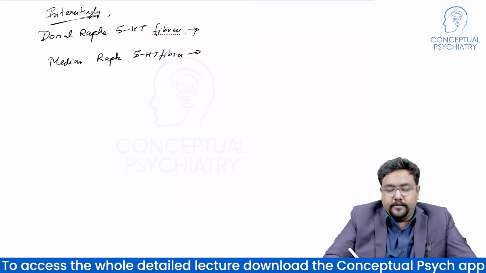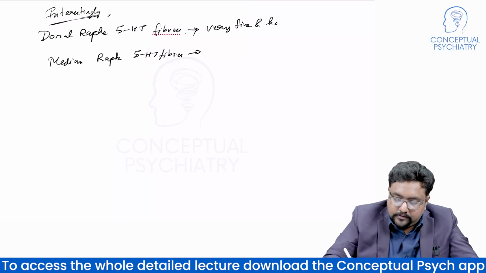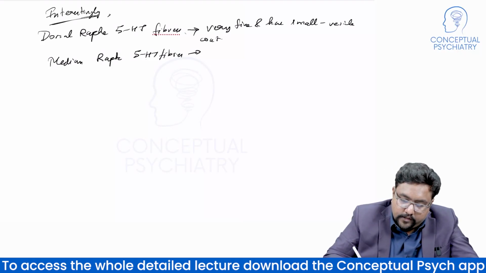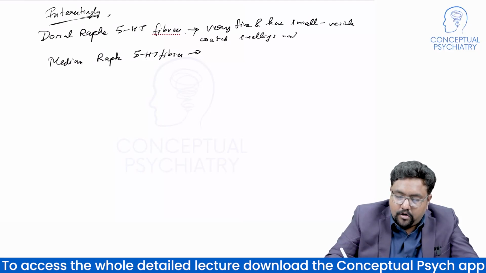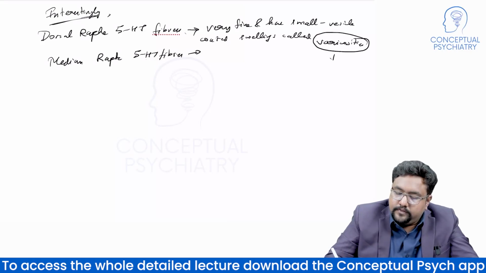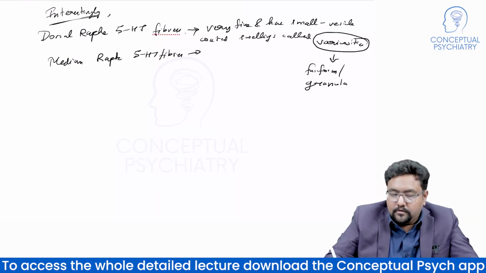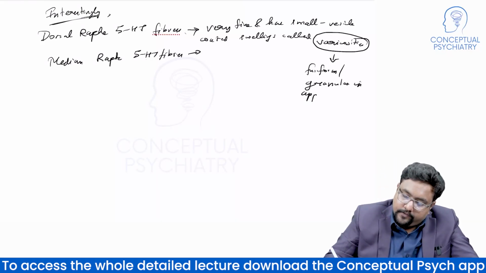This one is very fine and has small vesicle coated swellings called varicosities. Okay, varicosities, which give them a fusiform, which means spindle shaped or granular, appearance.